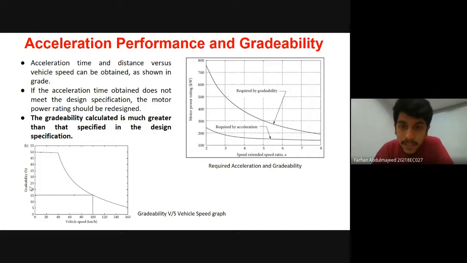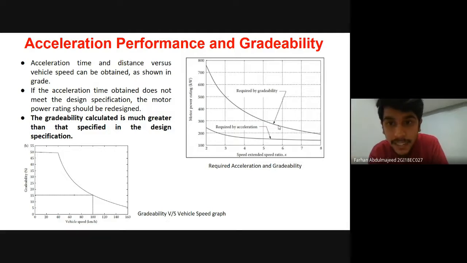And in the other graph over here, the required acceleration and gradability graph, you can see that as the speed ratio increases, it is related to the gear ratio increasing, that is, the torque increases.